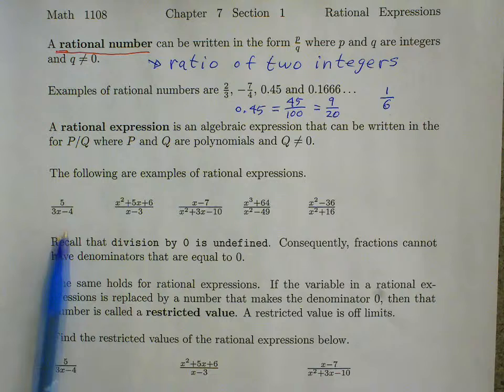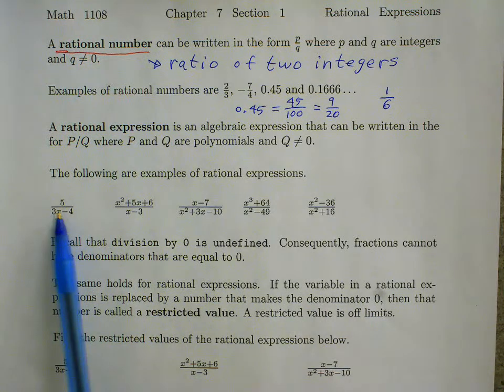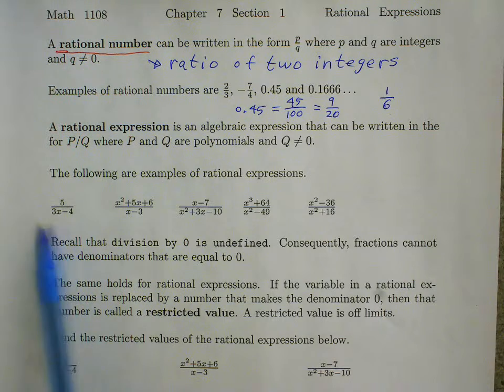This first example, 5 divided by 3x minus 4, is an example. You might wonder, well, there's not a variable in the numerator. There's just a number 5. A number 5 is a degree 0 polynomial. So even regular numbers are polynomials.